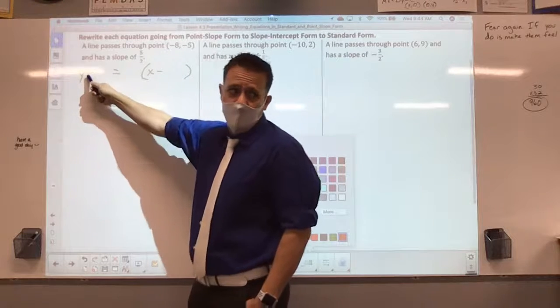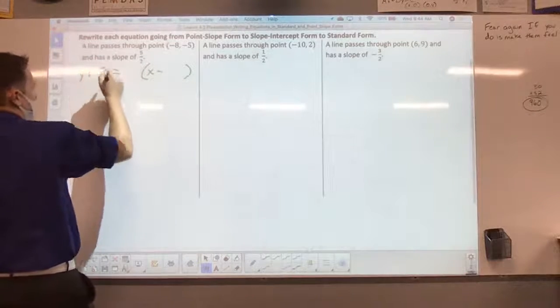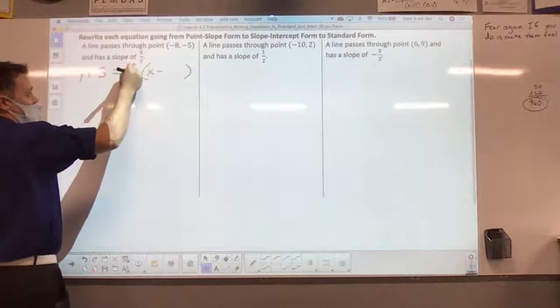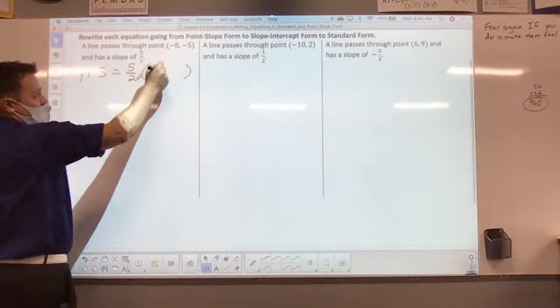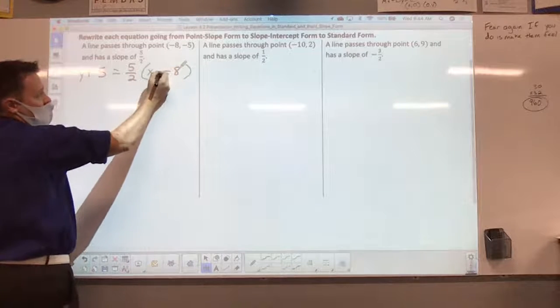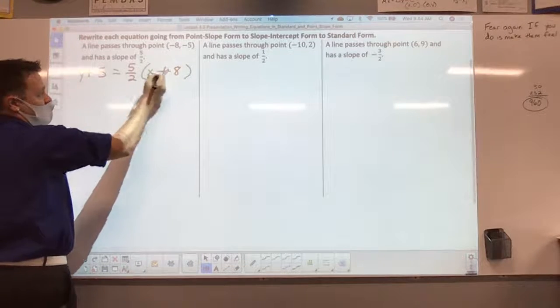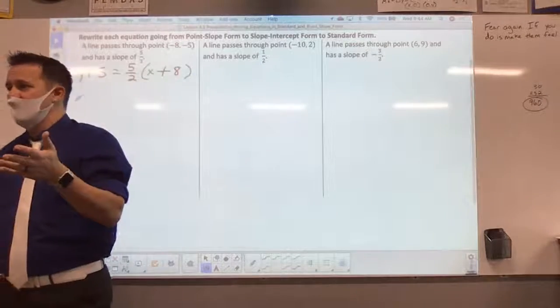Makes it what? Positive, right? So please know this would be +5. And then you put your slope in. And then this is -8. So when you drop a -8 in there, it would look like this, but you can't have a negative, so that actually makes it a positive, right? So there is your first form, point slope, easy.